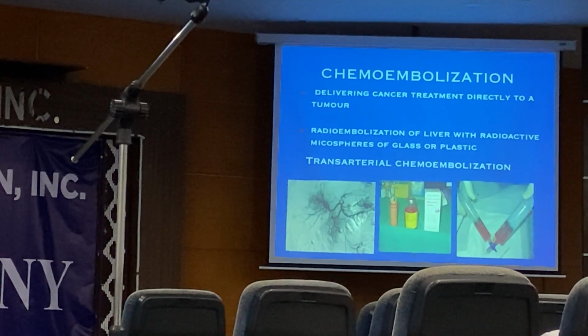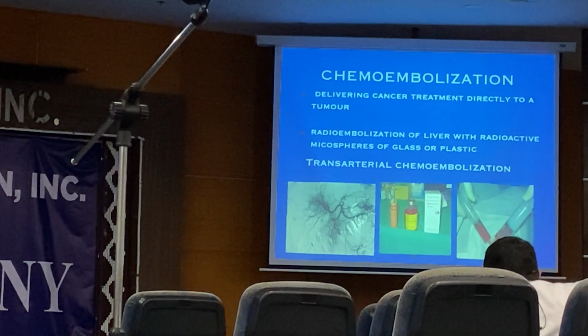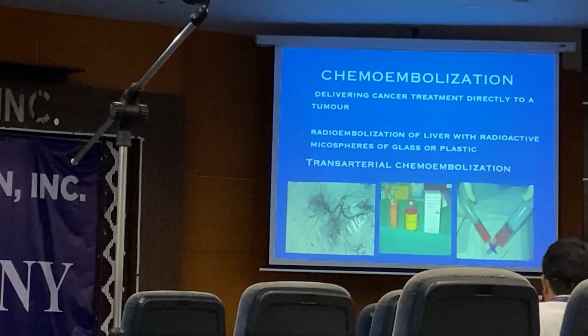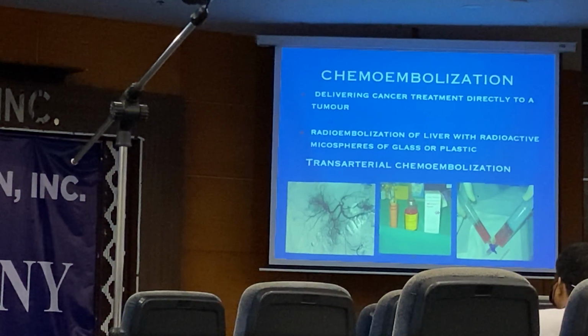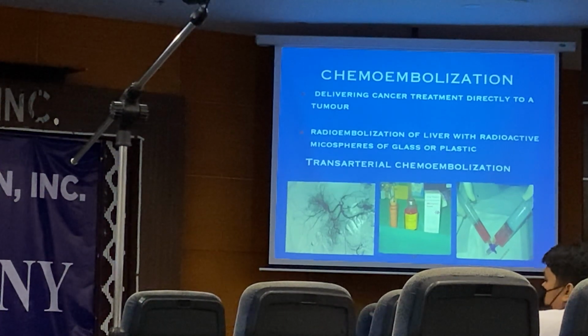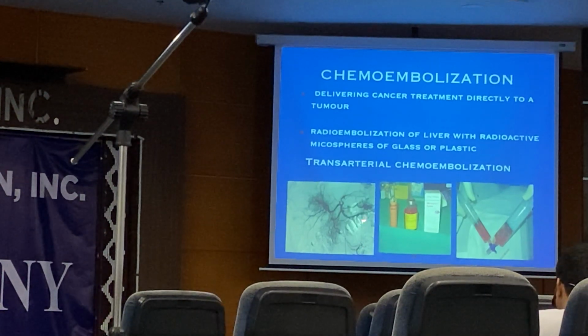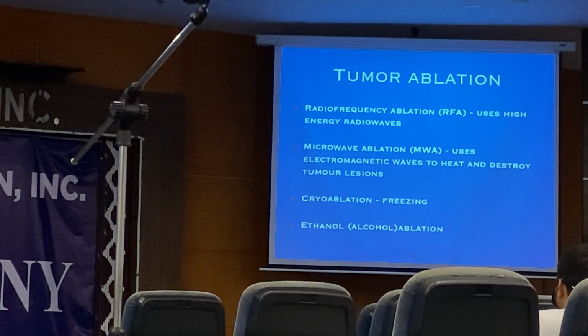Around 70 to 80% of the liver blood supply comes from the portal vein, and tumors are predominantly supplied by the hepatic artery. So we selectively cannulate the hepatic artery, subsegmental, then inject anti-cancer drug and then occlude the vessel that supplies it.